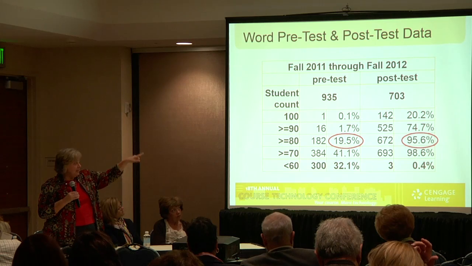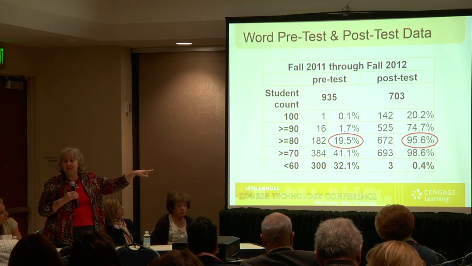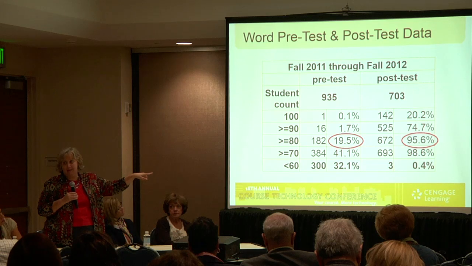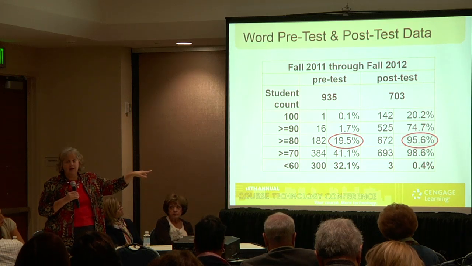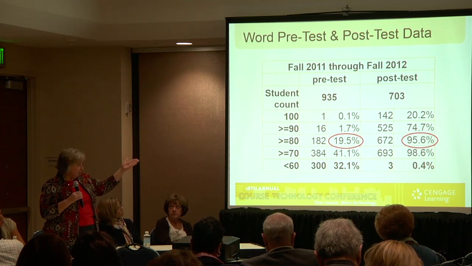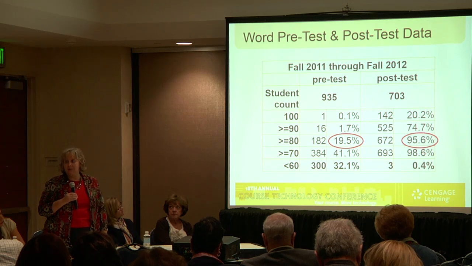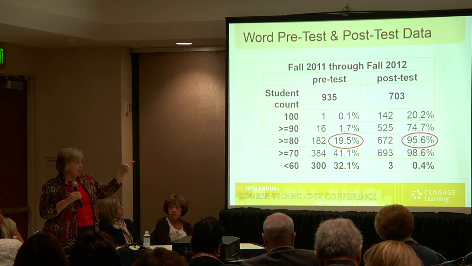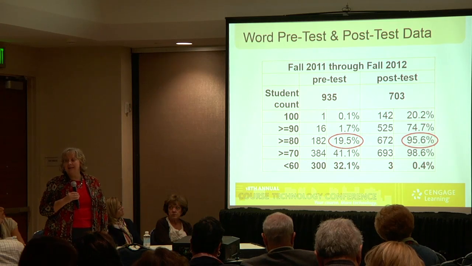But when we did the post-test, it was less than 1% that made less than a 60. So if you're talking about looking at the greater than 80%, we had less than 20% passed it at the very beginning. But when they did their post-test, almost 96% of them that actually took it.